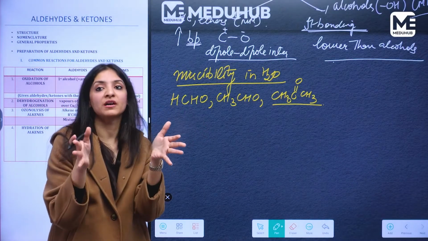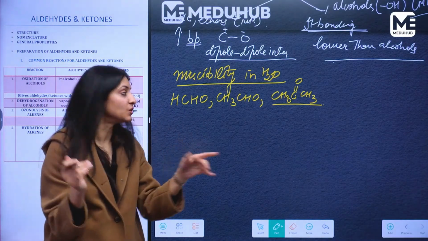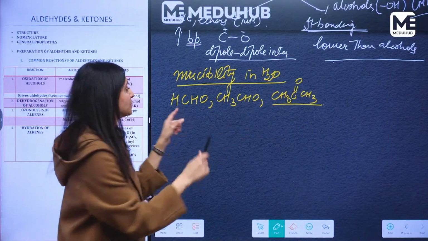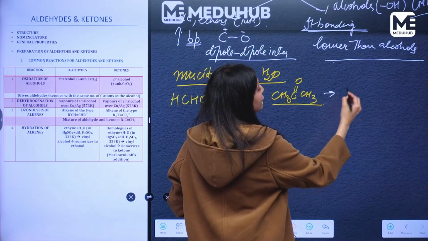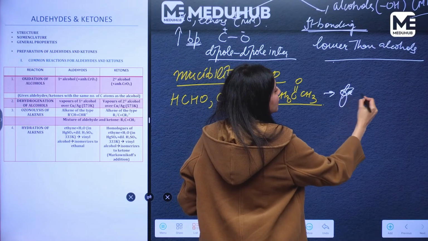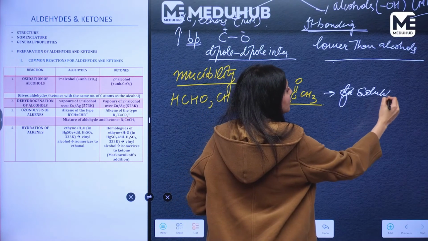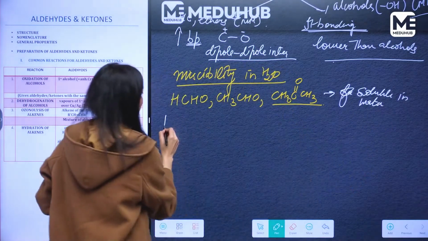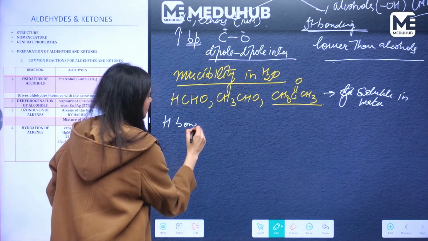So the minimum number of carbons in the simplest ketone is always 3. You cannot have a ketone with 1 or 2 carbon atoms. So these three are fairly soluble in water. And that is because they can form hydrogen bonds with water.